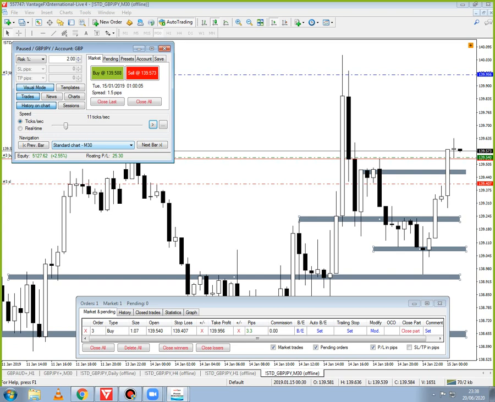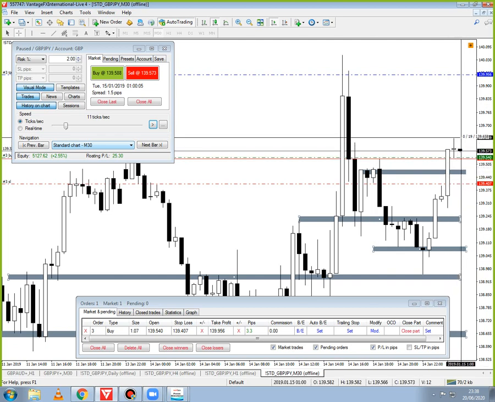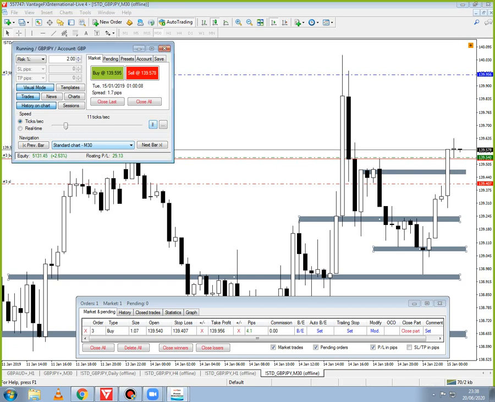We're still bullish, so if this low gets broken here, I'm just going to maybe exit 50% of the trade. Ideally we want to see this low be respected for a continuation, so let's go ahead and start that.